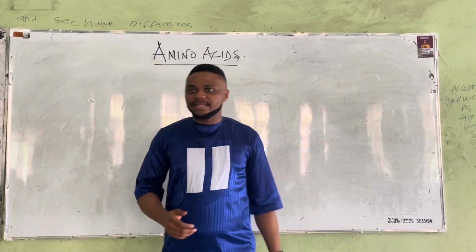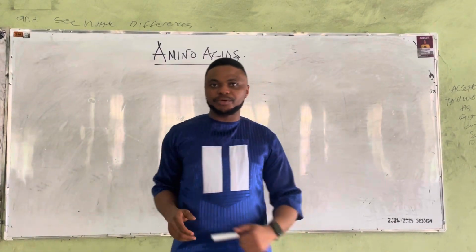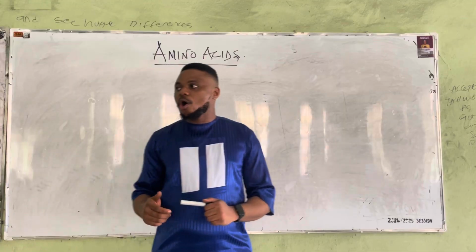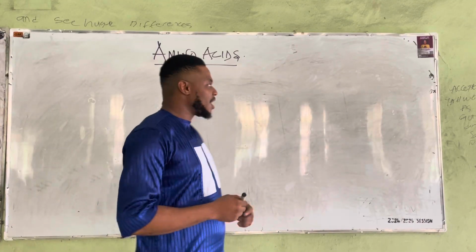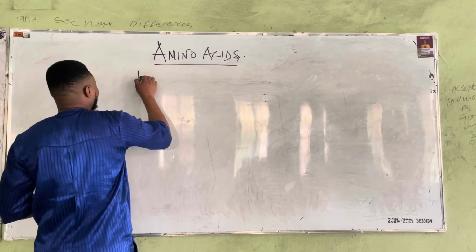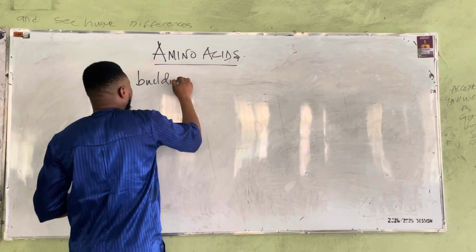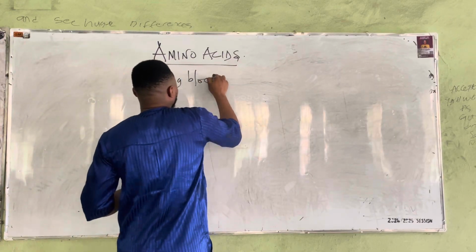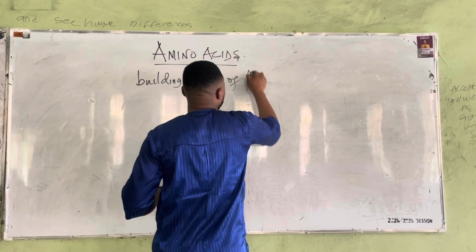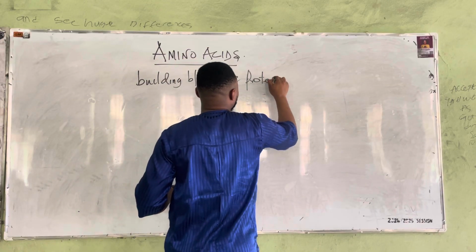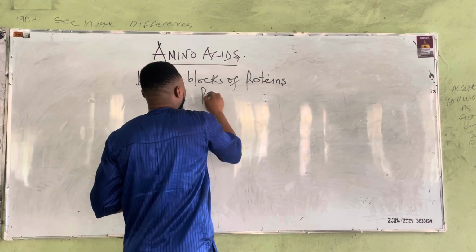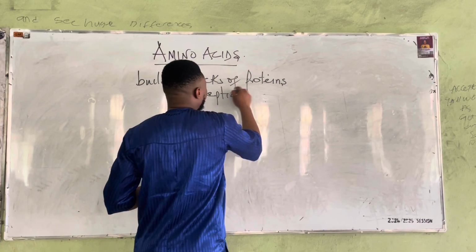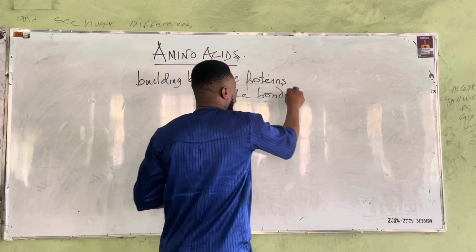Alright, so we'll be looking at amino acids in general biochemistry. It's a very crucial aspect of general biochemistry that cannot be ignored. What are amino acids? Amino acids are defined as building blocks of proteins linked together by what we call peptide bonds.